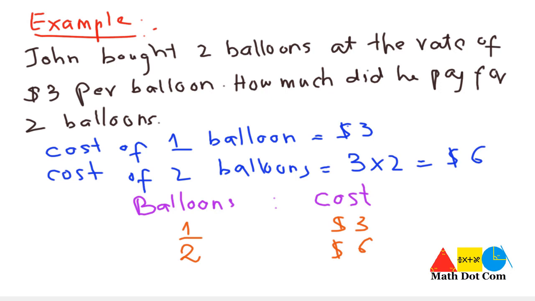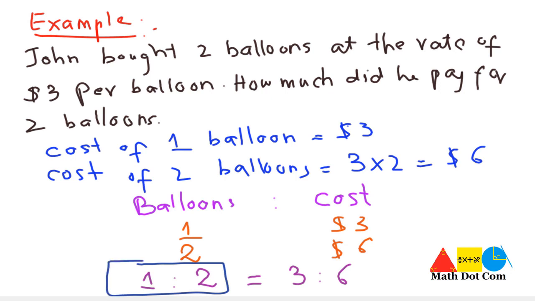In the form of proportion, it can be written as 1:2 equals 3:6. So it is clear from here that 1:2 is equivalent to 3:6.